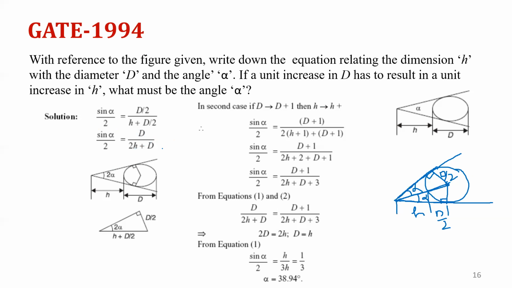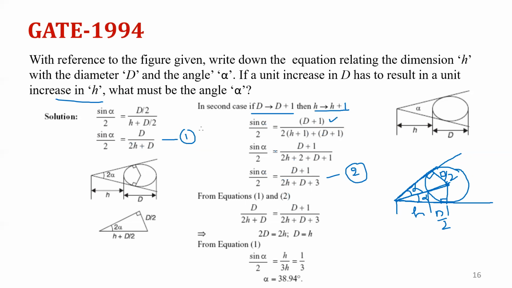In this, if you increase d to d plus 1, h will also increase to h plus 1. By substituting this, sine alpha by 2 is equal to, in place of d, you can write d plus 1, and in place of h, you can write h plus 1. So we will get the relation. Let this be equation 1 and this equation 2.